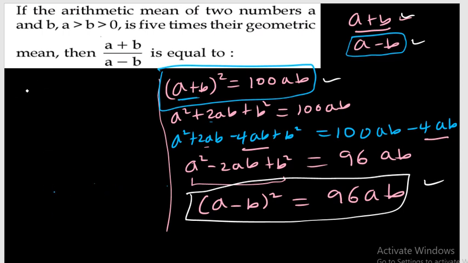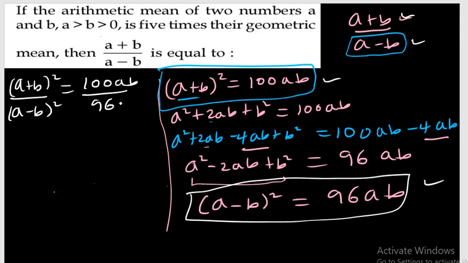Now I can write A plus B square over A minus B square, because both of them I have. A plus B the whole square is 100AB over 96AB. Now we can cut AB and AB, and we can simplify if possible. This by 4 will be 25, this by 4 is going to be 24, so we can keep it as it is.